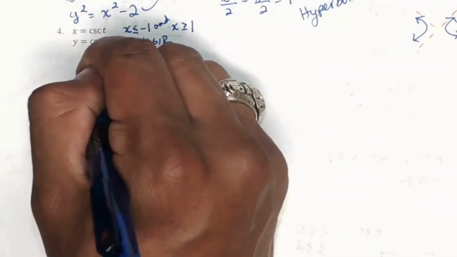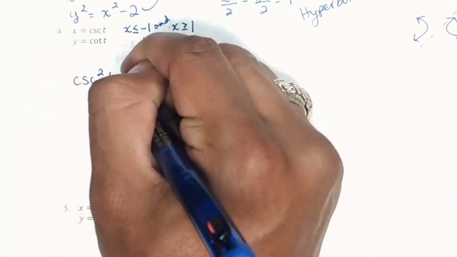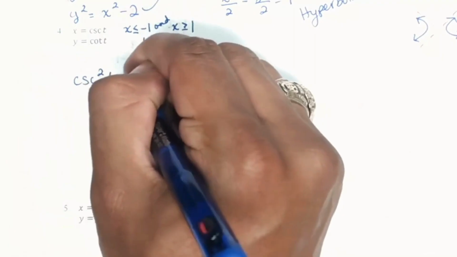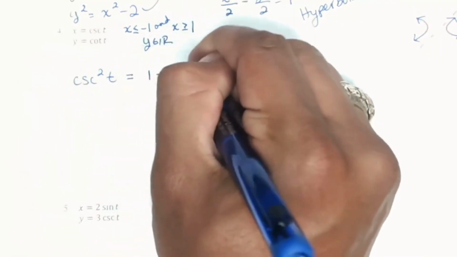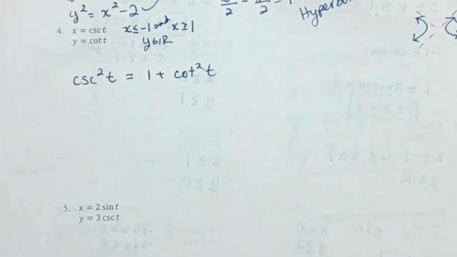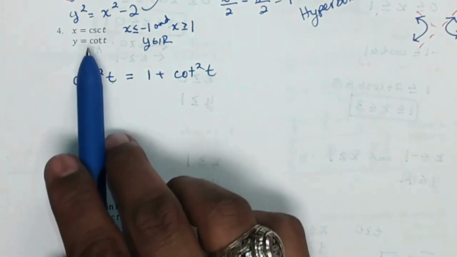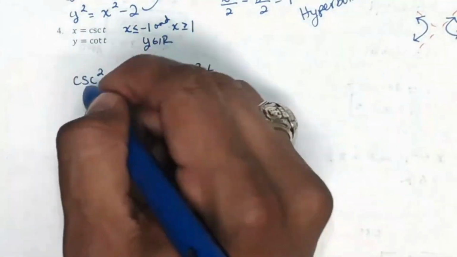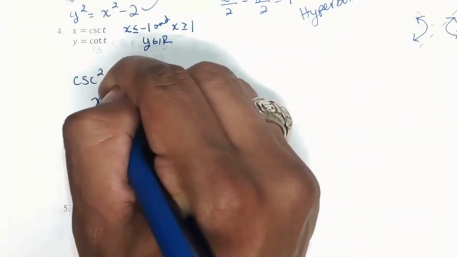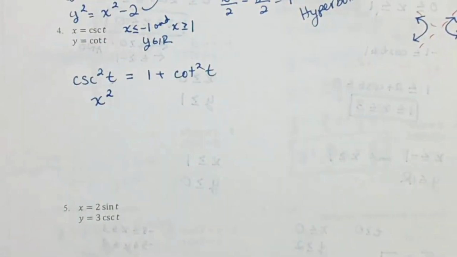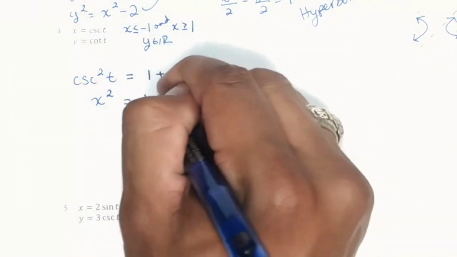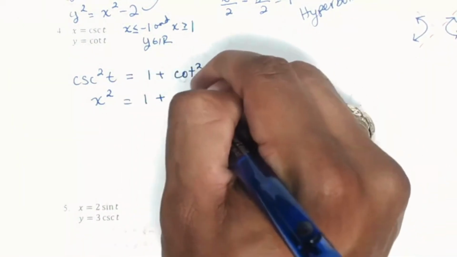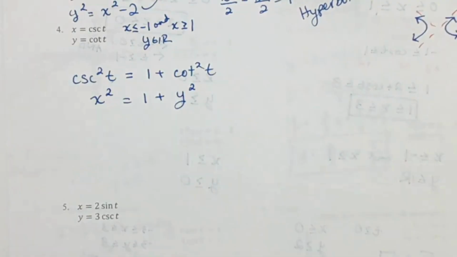Well, hopefully you remember from your identities that cosecant squared of t equals 1 plus cotangent squared of t. Well, that means that if cosecant is x, and this is cosecant squared, I'm going to have x squared by replacing x with cosecant and then squaring it. Same thing happens with the cotangent. I can replace it with y, and that's squared.